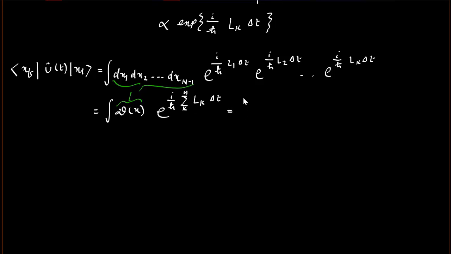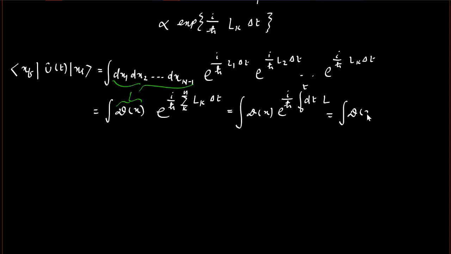So if I write this term in integral format, I can write it as e to the power i by h cross integral dt of its Lagrangian. So here this time goes from 0 to t, and this integral is over all the space, and actually this is nothing but our classical action, right?